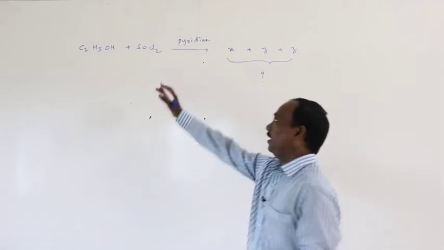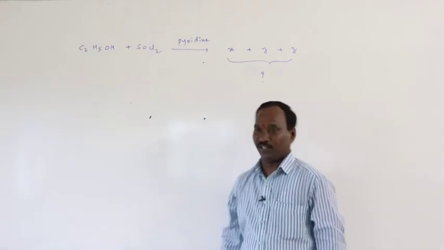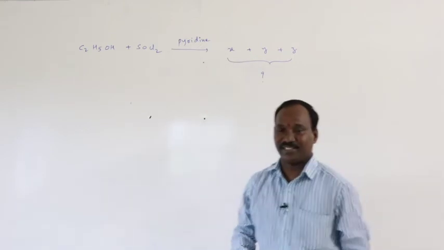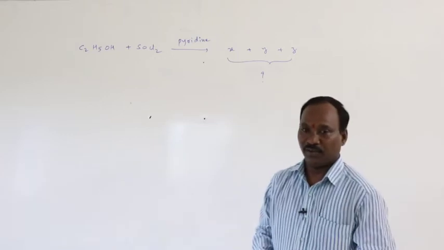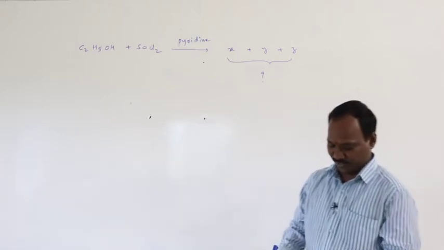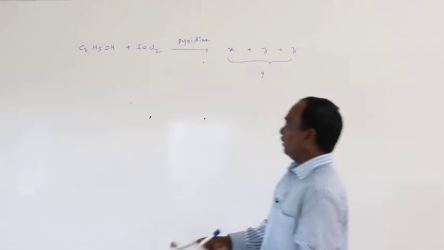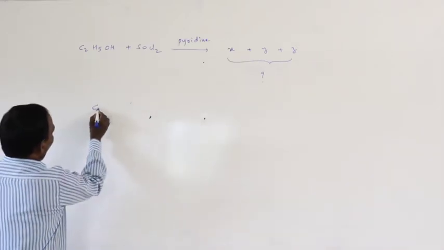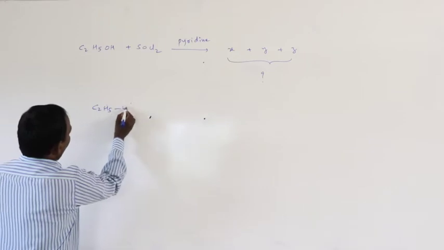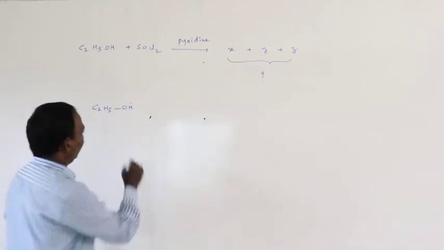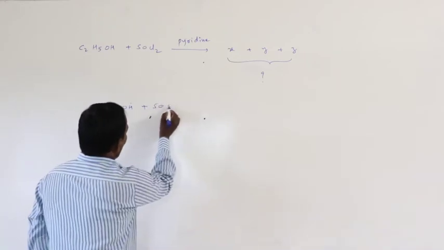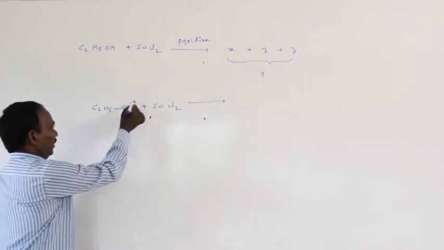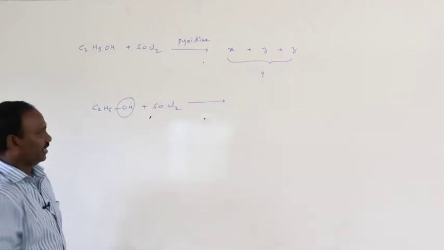Okay students, ethyl alcohol plus SOCl2 in the presence of pyridine gives X, Y and Z. What are X, Y, Z? Now in this reaction, ethyl alcohol C2H5OH on treatment with thionyl chloride SOCl2, a nucleophilic substitution reaction takes place.